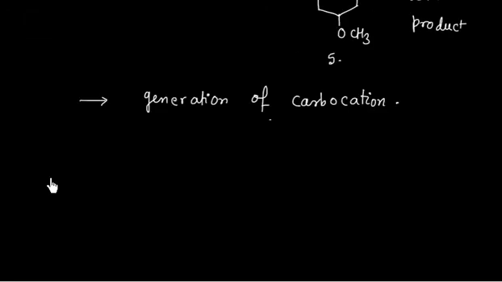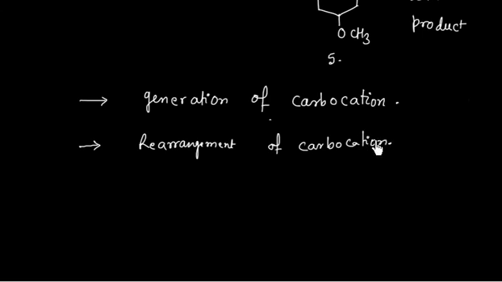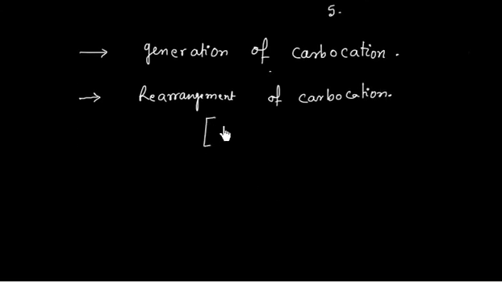Second step, that is rearrangement of the carbocation, and it can be either a hydride shift or a ring expansion, that is an alkyl shift.